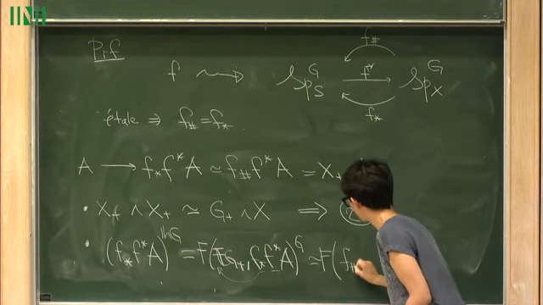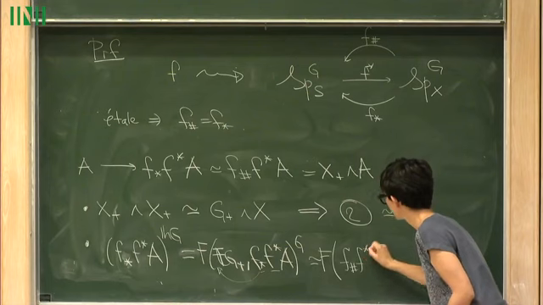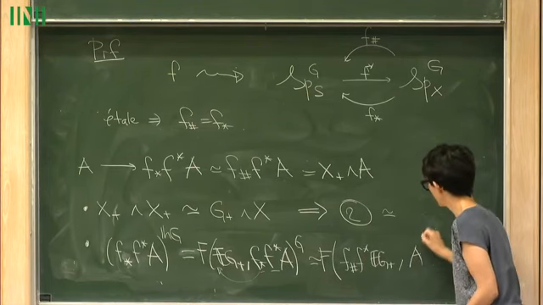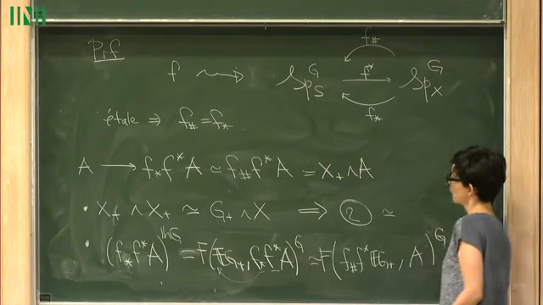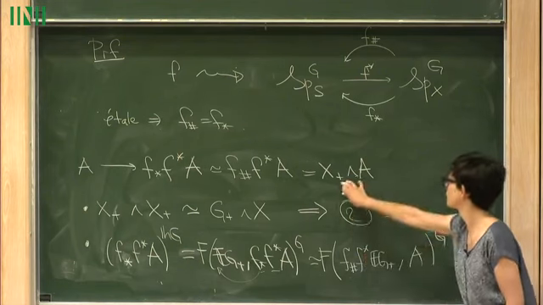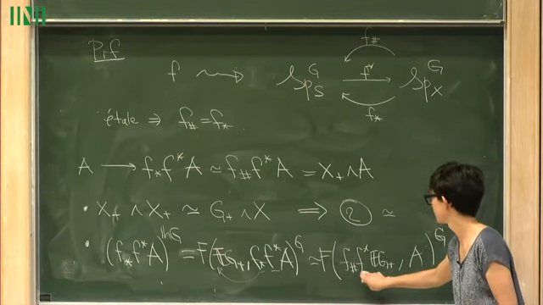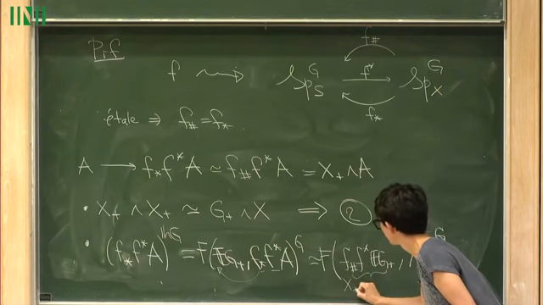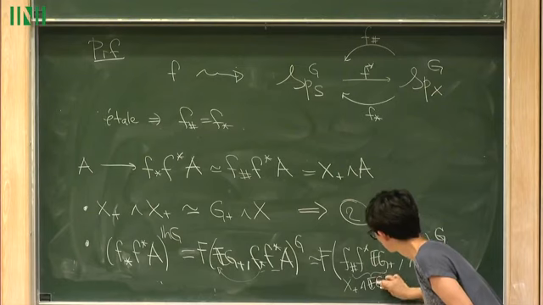So that's F lower sharp, F upper star of EG. Now let's look at this thing. I gave you the formula for what F lower sharp F upper star is. So that's just X plus smash EG plus.